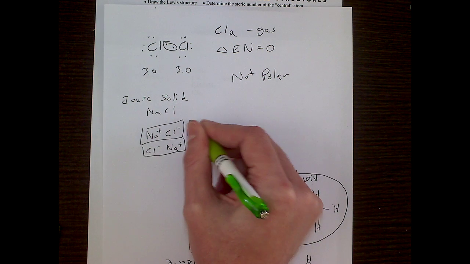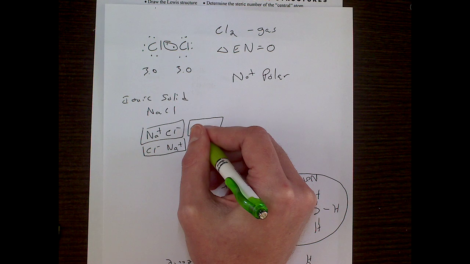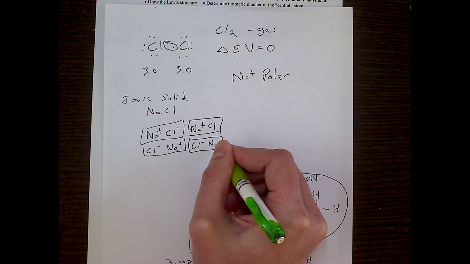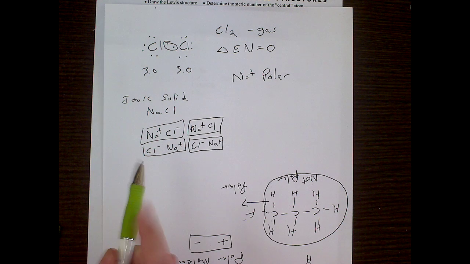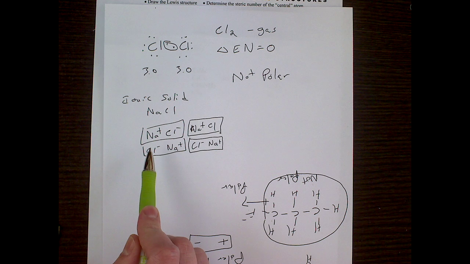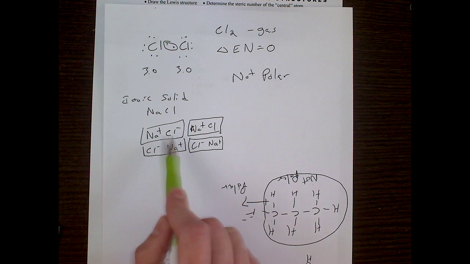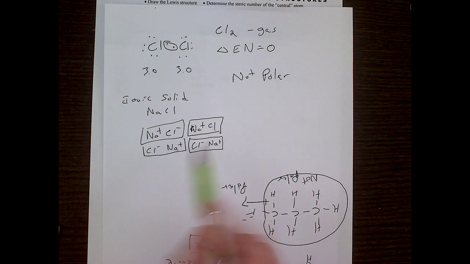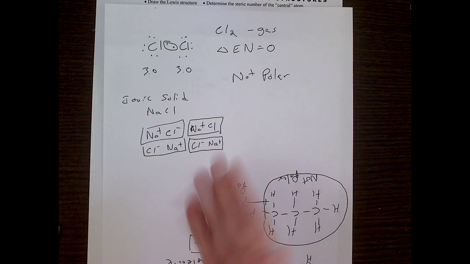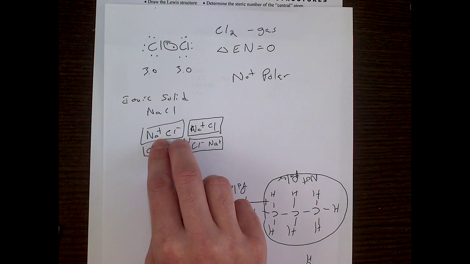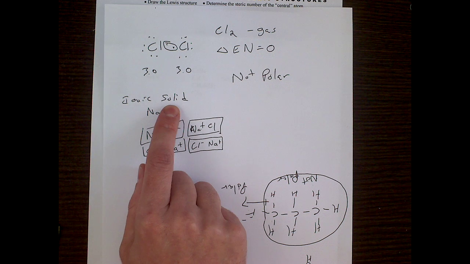So we end up having this repeating arrangement that is going to cause them to be highly attracted to each other. In an ionic compound, we see the Na attracted to all the chlorines that surround it, and the chlorines attracted to the metals. This is a compound, and they're going to stick together like this. This also explains why table salt, which is what this is, has a cubed arrangement, because these particles nicely stack with each other. So high attraction is going to form things that are solids.